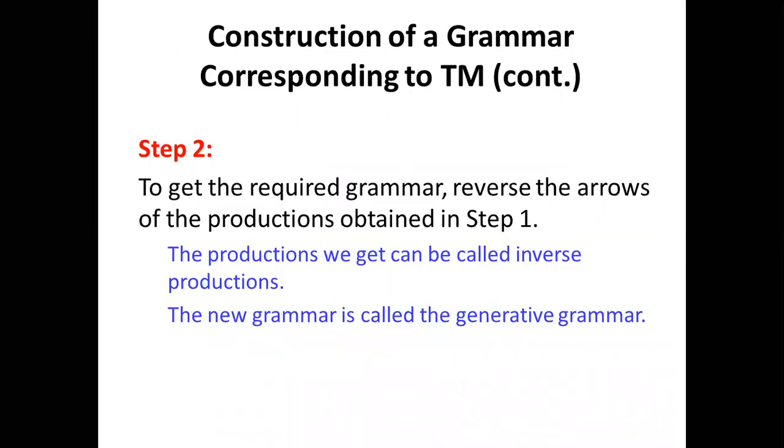Now, in step 2, to get the required grammar, reverse the arrow of the productions obtained in step 1. Whatever productions we have got in step 1, these productions will be called the inverse productions. So the new grammar is called the generative grammar, right?